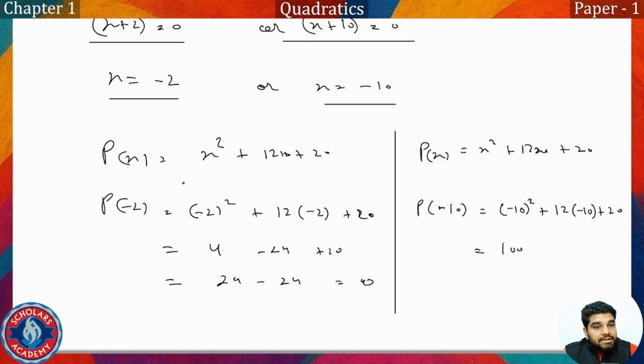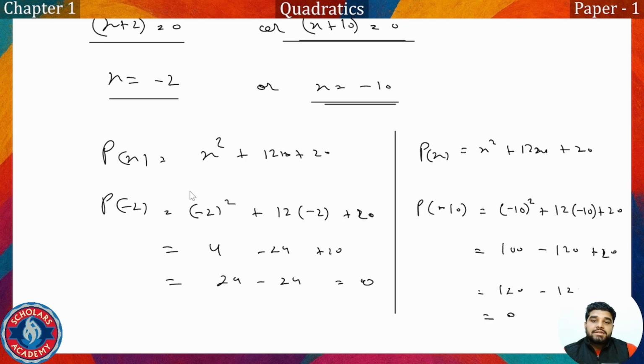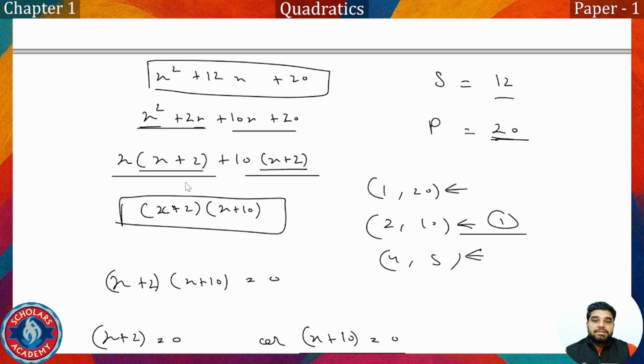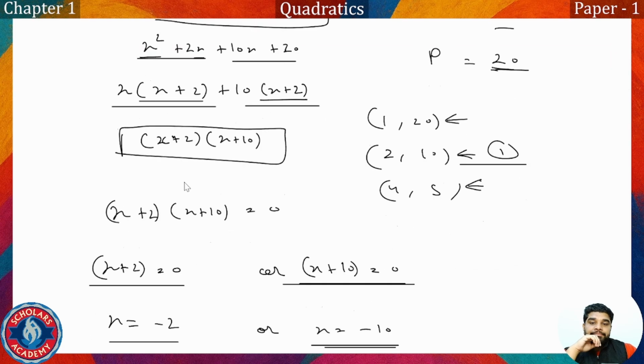Square of this is 100 minus 120 plus 20. What I get is 120 minus 120, which is equal to 0. Correct. So this is also a zero of this quadratic equation, and x plus 10 is a factor of this quadratic equation. So this is one way of solving a quadratic equation by factorization.